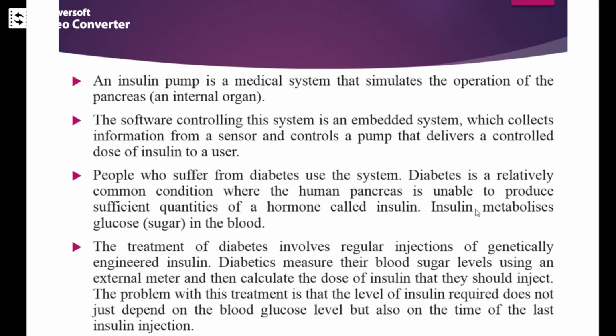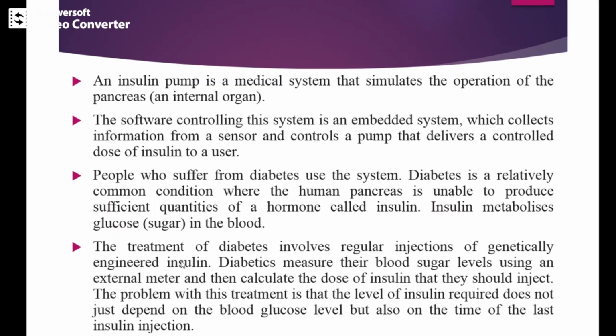Insulin metabolizes glucose in the blood, so that's why it's very important. It metabolizes glucose, that is the sugar level in the blood. Now if a patient has diabetes, what is the treatment? Regular injections of genetically engineered insulin.